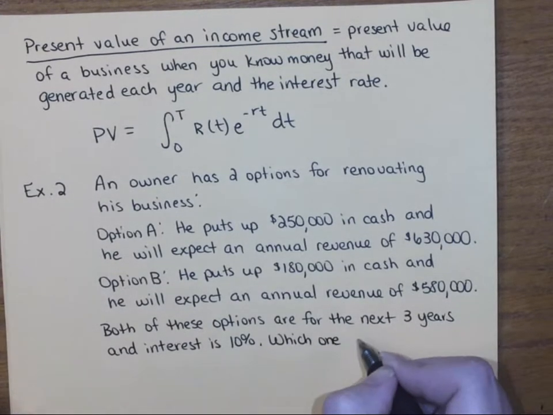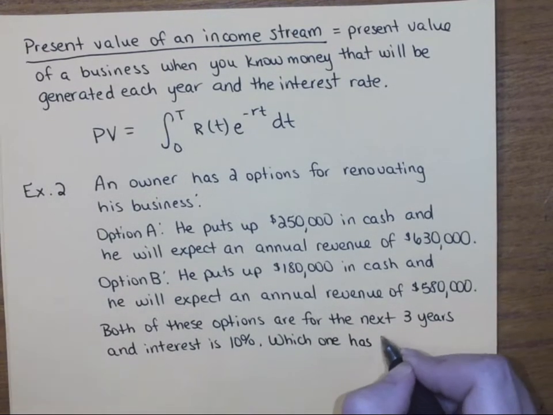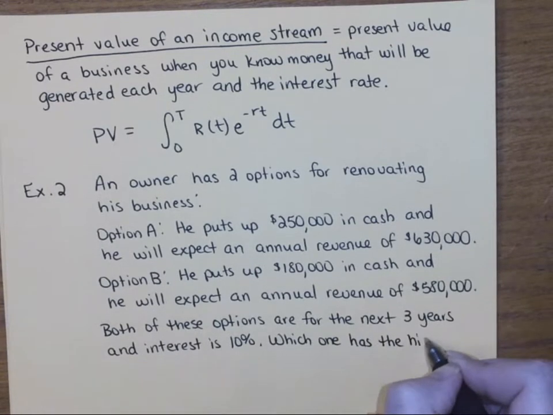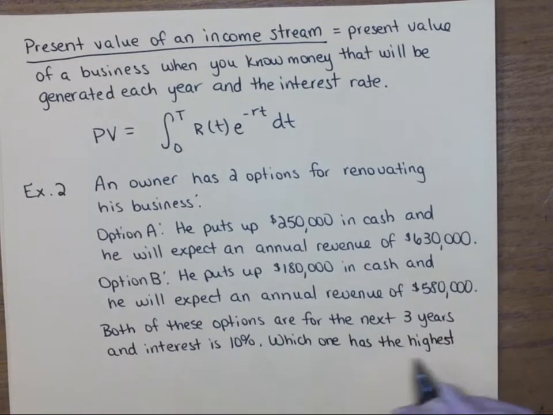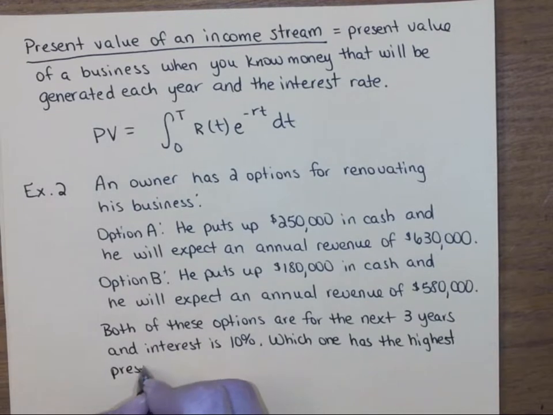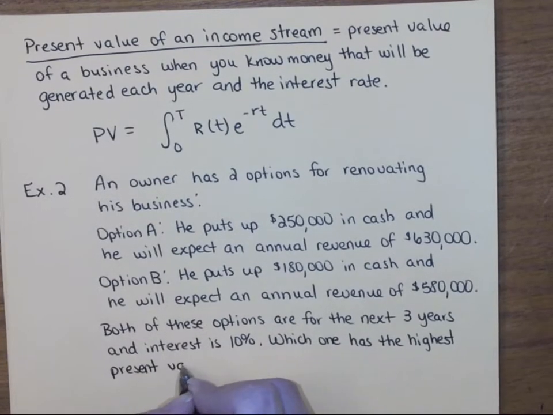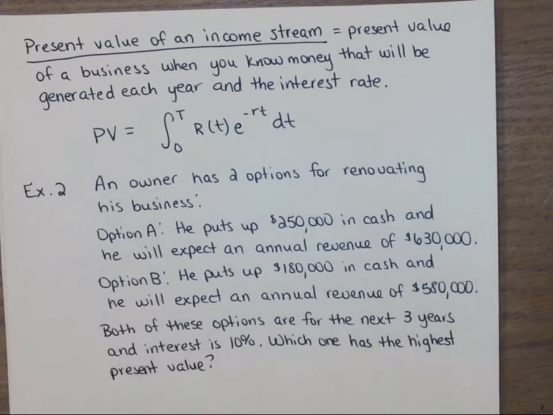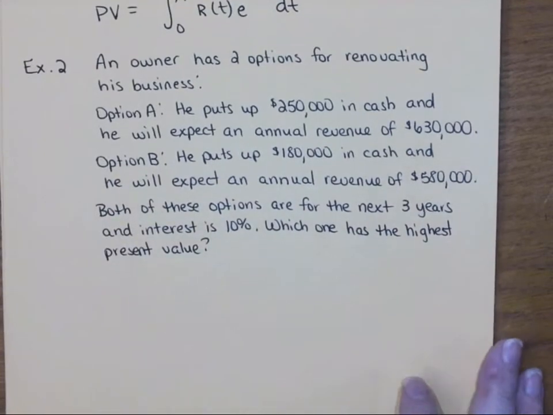I want you to tell me which one has the highest present value. In other words, if he's looking at this objectively, which one should he do? Should he put up more money in hopes that he has a higher revenue source, or should he save a little bit of money and choose option B?